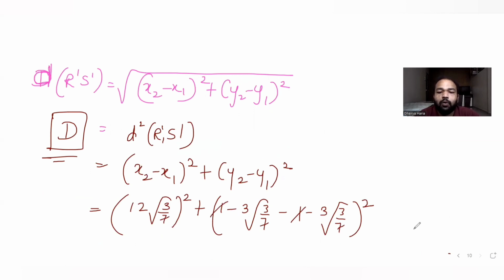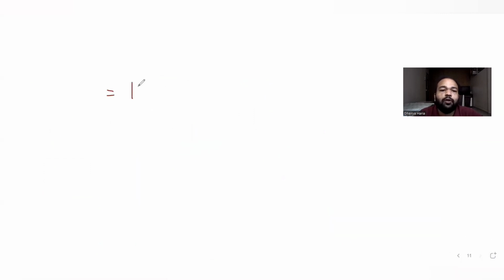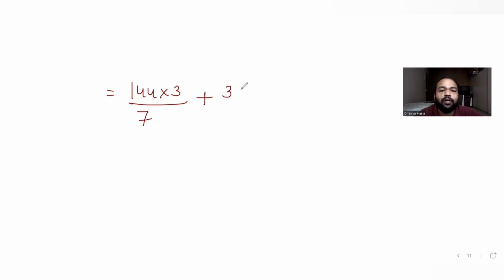1 gets cancelled out. After solving, you get 12 squared, which is 144 into 3 by 7, plus this becomes minus 6, 6 squared is 36 into 3 by 7.